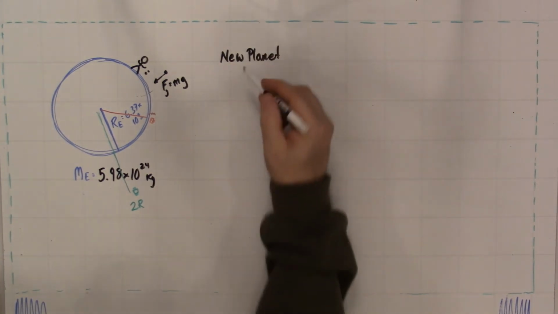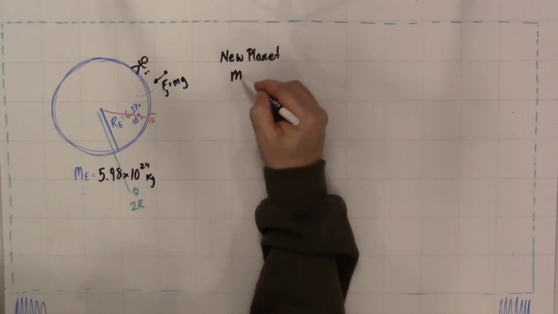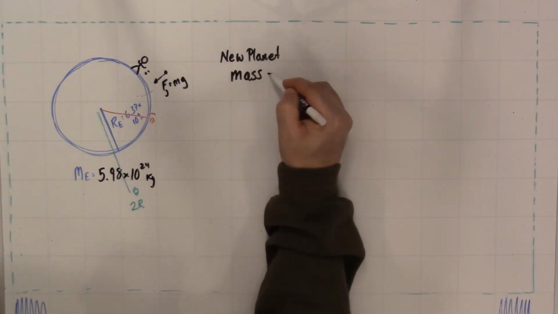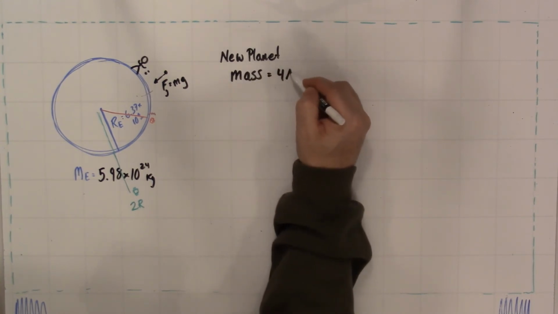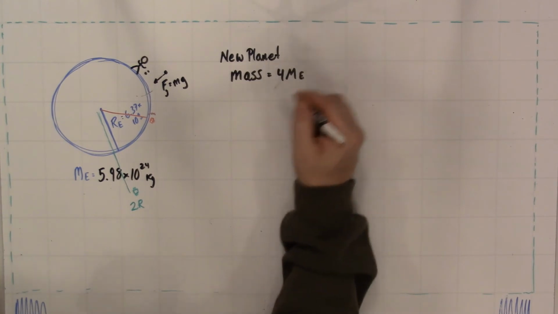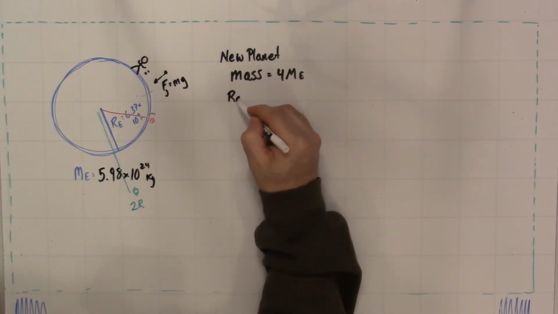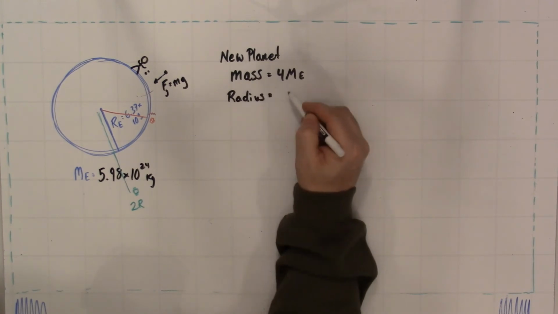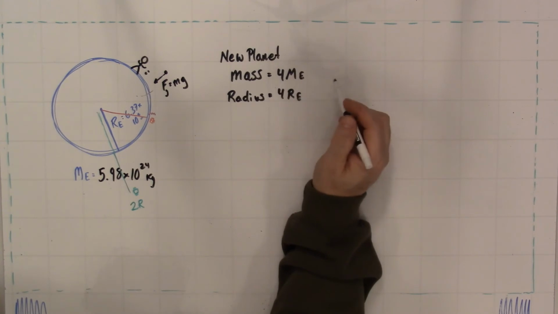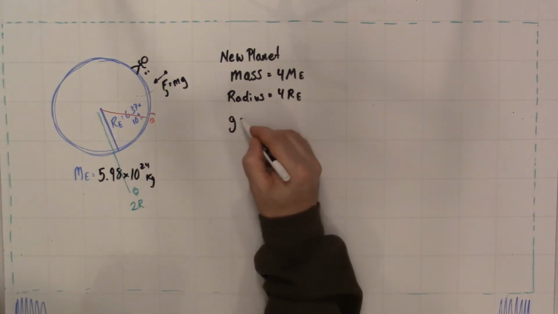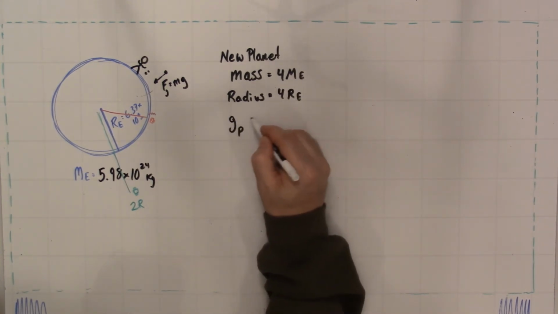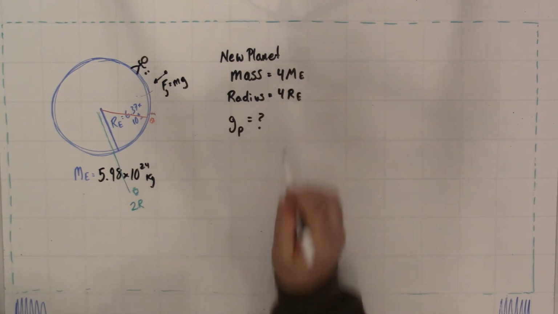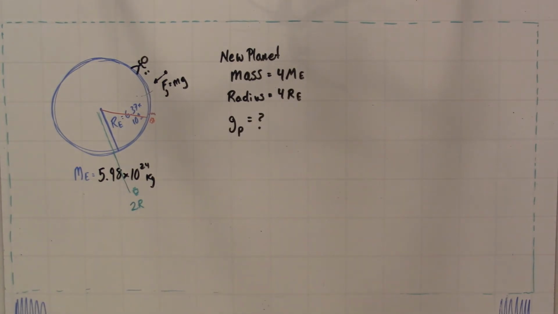They say, on this new planet, the mass is equal to 4 times the mass of the Earth. But the radius is equal to 4 times the radius of the Earth. It says, what is the g value on the new planet? So it has 4 times the mass and 4 times the radius.